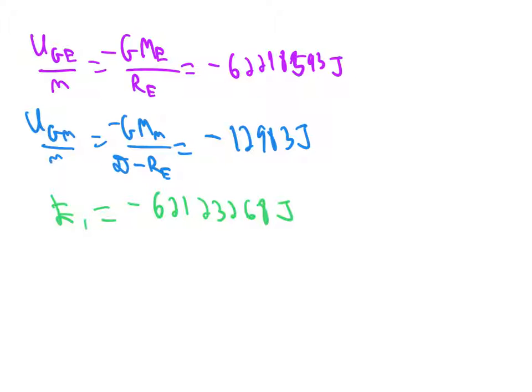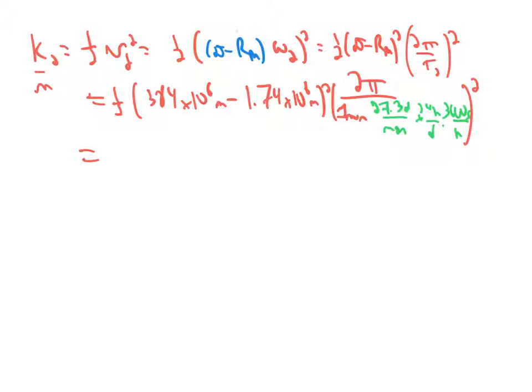Anyway, we can do the same for the second case. So the kinetic energy per unit mass is 1/2 times v2 squared, and then v2 would be the radius of the circle tracked out in that case times the angular rate of the motion in the second case, but the radius is going to be the distance of the Moon minus the radius of the Moon because we're back a little bit towards the Earth.